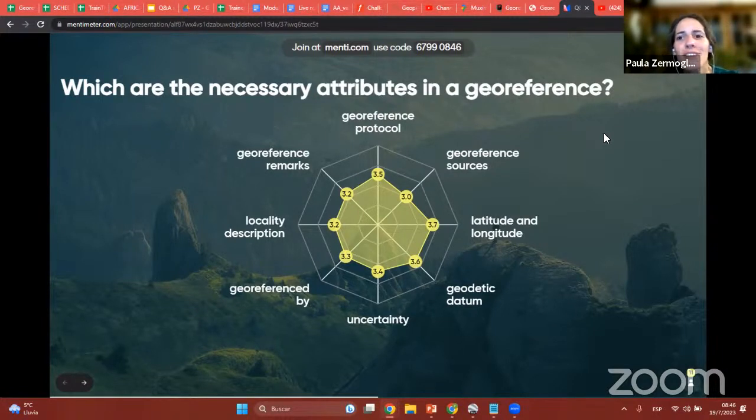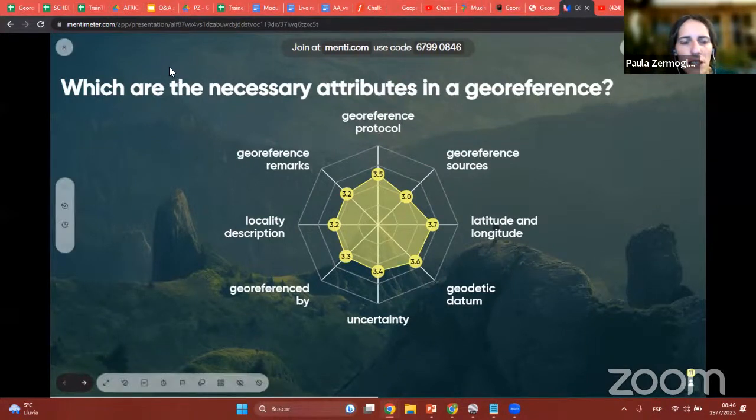For those difficult localities that cannot be georeferenced, that's a different story. Maybe I should have clarified that at the beginning. Okay, we have 11 responses. And more people coming in.